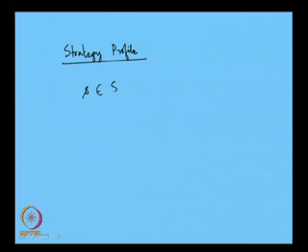It belongs to the set of strategy profiles, which is capital S. If there are n players, small s1 is the strategy of player 1, small s2 the strategy of player 2, and so on, and the last is the strategy of player n. This collection is being called a strategy profile.